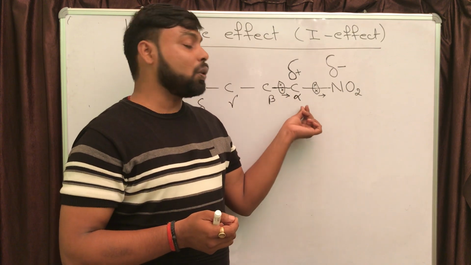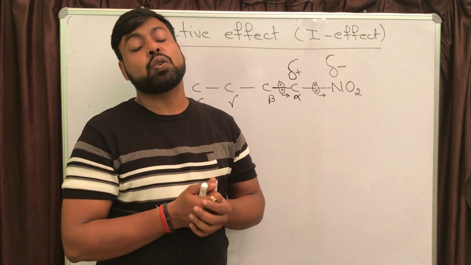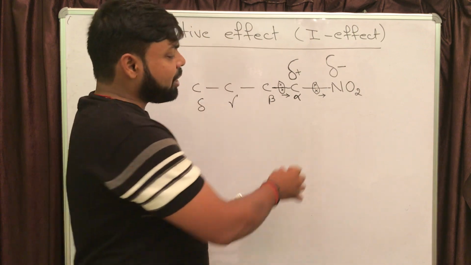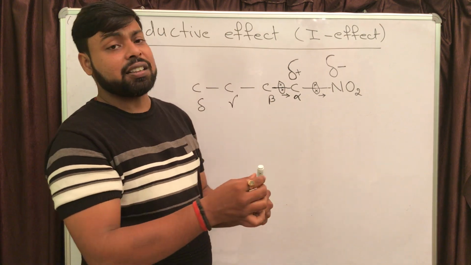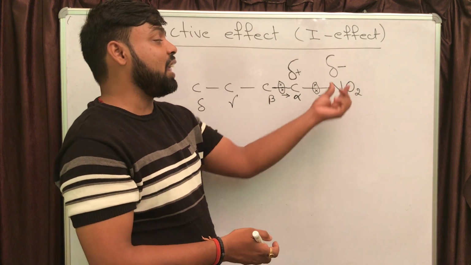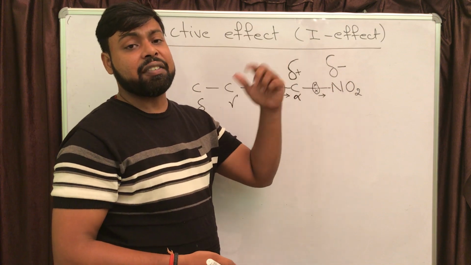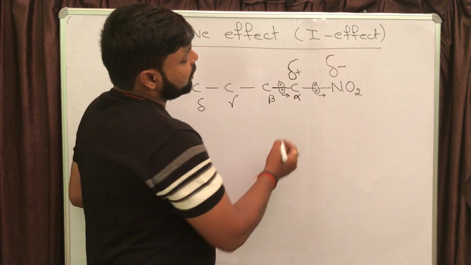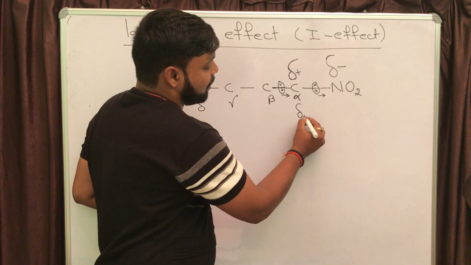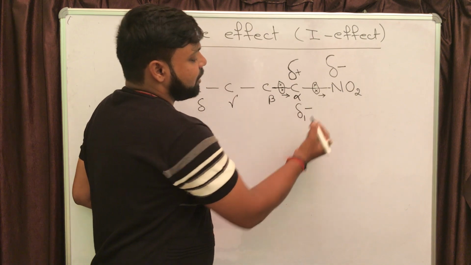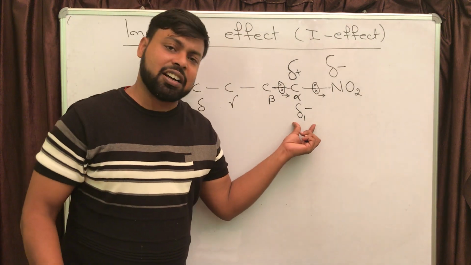Here the electron pulling power of alpha carbon is going to decrease. So there will be some partial negative charge on alpha carbon, but definitely that partial negative charge is going to be less than the delta negative that appeared on nitrogen. So let us say I am representing it with delta 1 negative.